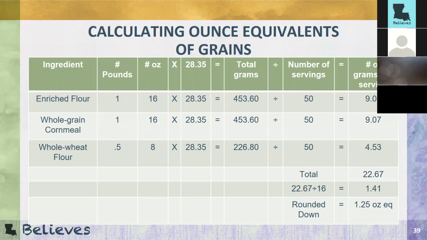We get our total grams, and then we're going to divide each one of those by 50, and that determines how many grams of grain is in a serving of the cornbread, and it is equal to 1.41 ounce equivalents. So we're going to round that down, and it'll be 1.25 ounce equivalents.